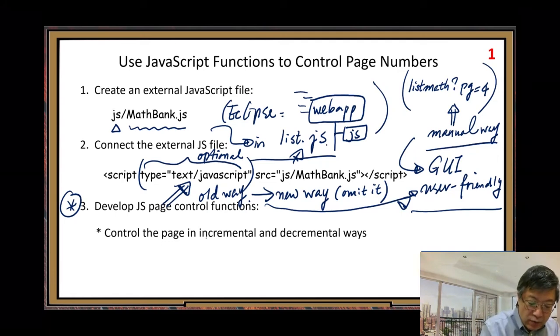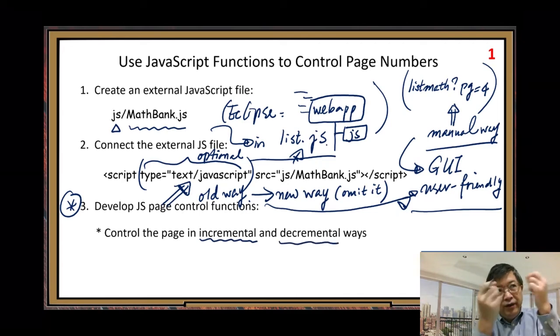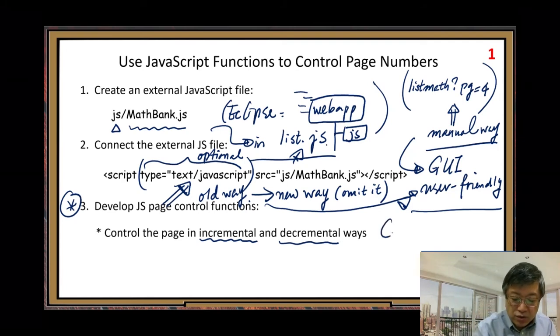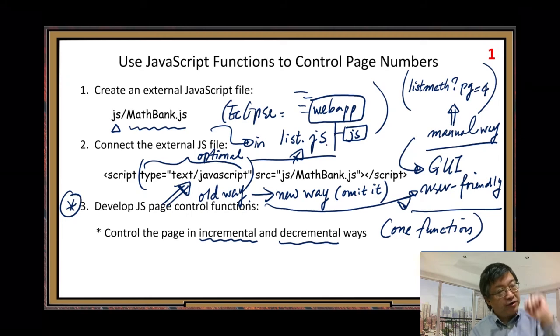We use these 2 ways, incremental and decremental. Although navigation is in 2 different directions, in order to make our code as small as possible, we want to use 1 function to do two things. 1 function is enough. So that's our first function.